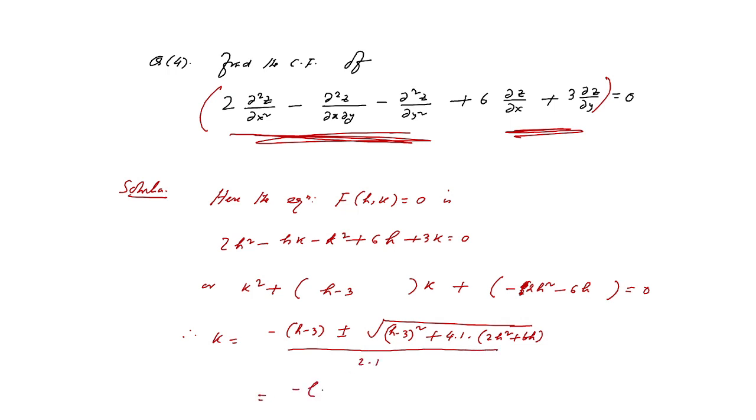So that will be minus (h minus 3) plus minus (3h plus 1... ) by 2. And from that, if we take the plus sign, it will be h plus 3, and if we take the minus sign, it will be minus 2h. So therefore the values of k are h plus 3 and minus 2h.